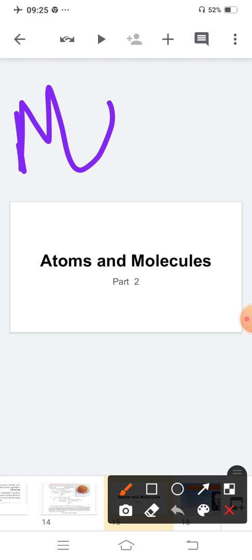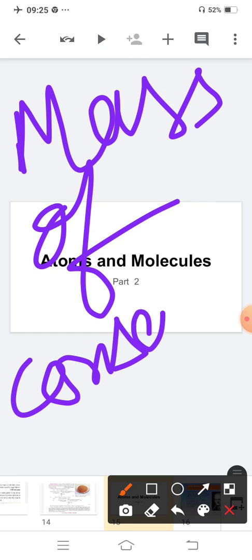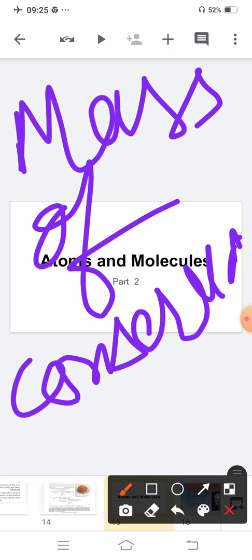Let us start. Our first law was the law of conservation of mass. This law states that mass can neither be created nor be destroyed. That means you can't create mass during the reaction. Whatever mass you take, that same amount of mass you will get in the product.